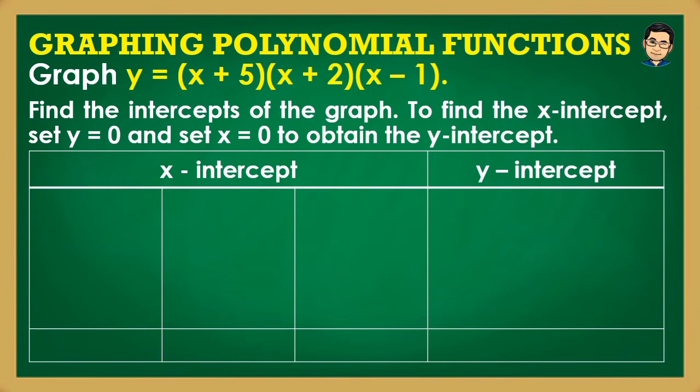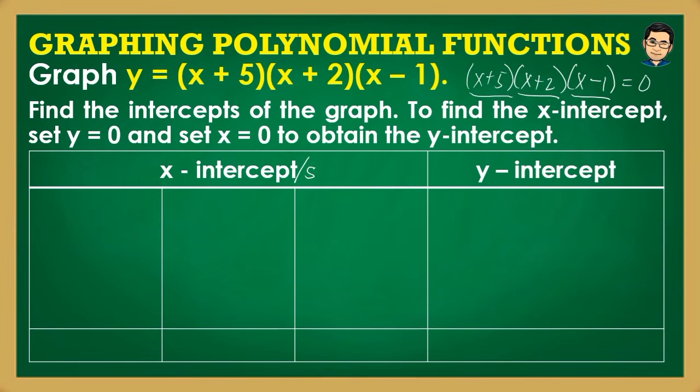Yung y, papalitan po natin ng 0. So, magiging ganito po siya. X plus 5 times x plus 2 times x minus 1 is equal to 0. Okay, and then, equate natin each term, yung x plus 5, x plus 2, x minus 1 to 0 para makuha natin yung mga x-intercepts.